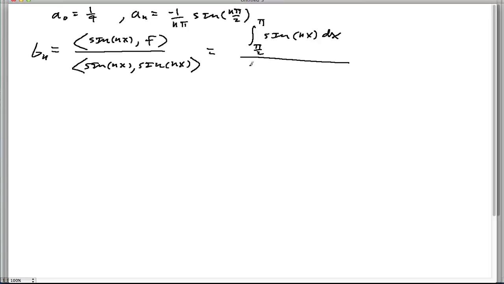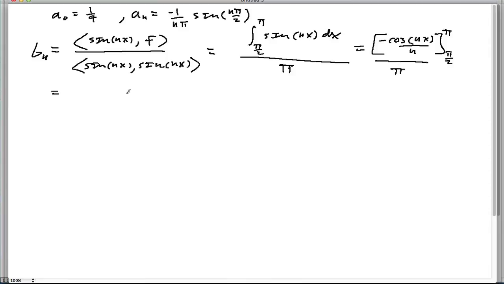And here we're going to get the same result as before for the denominator, it's just going to be pi. So now we need to compute this all the way through. The antiderivative of sine is negative cosine, over n, evaluated from pi over 2 to pi, and then we divide by pi down there.